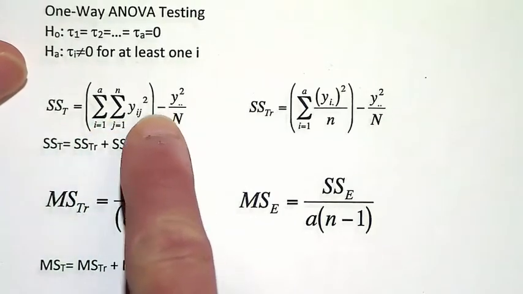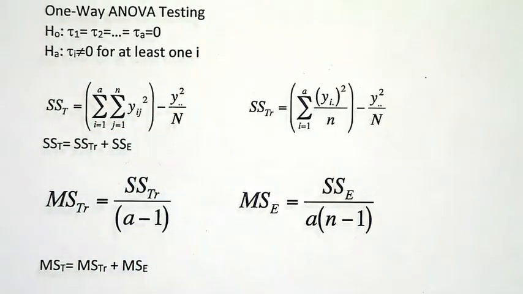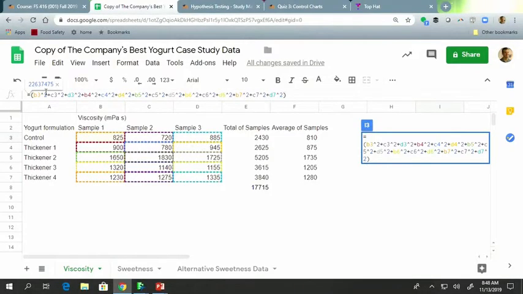Okay. Now I've got to subtract the total squared divided by however many samples there are total. Not within an individual treatment, but however many there are total. So I'm going to go minus 17,715 squared divided by, what's the big N in this case?